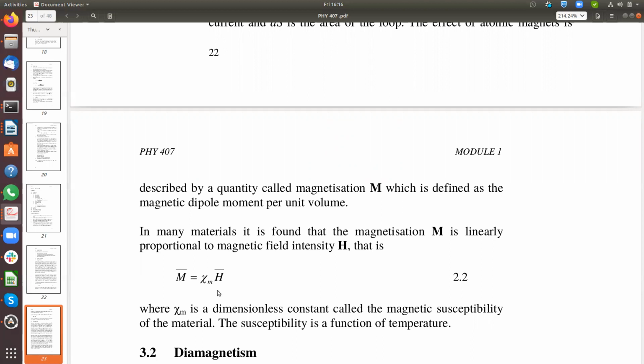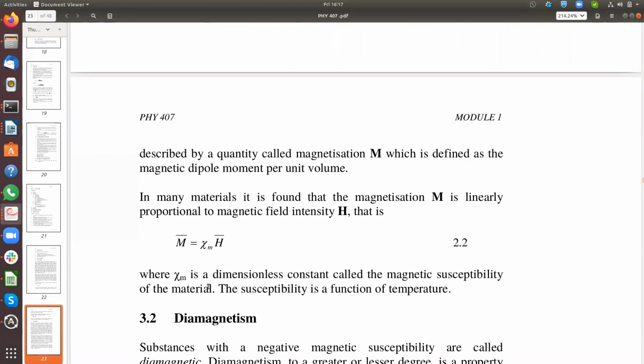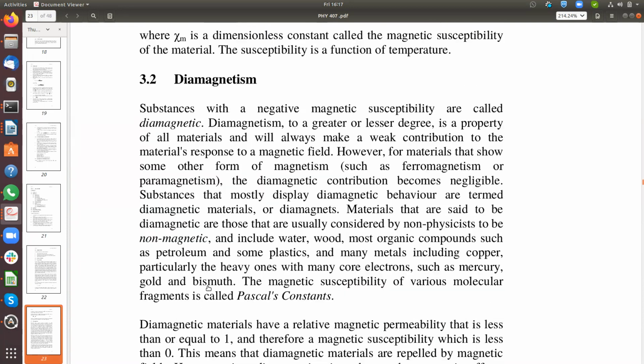It is a function of temperature. The higher the temperature, the higher the susceptibility, and the lower the temperature, the lower the susceptibility of the material.